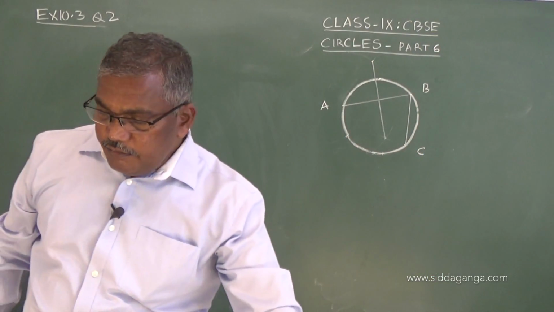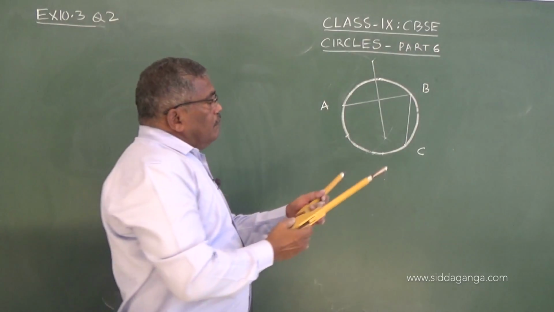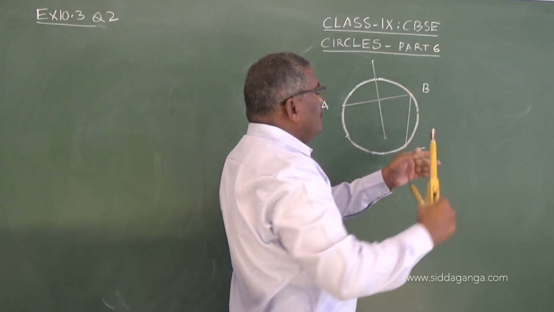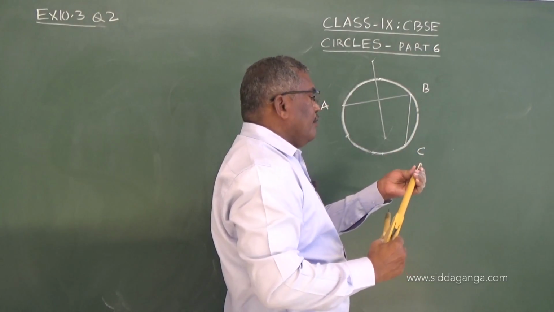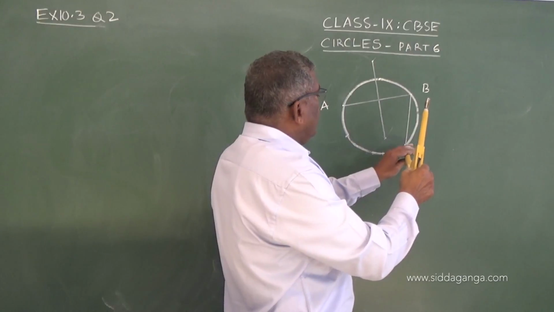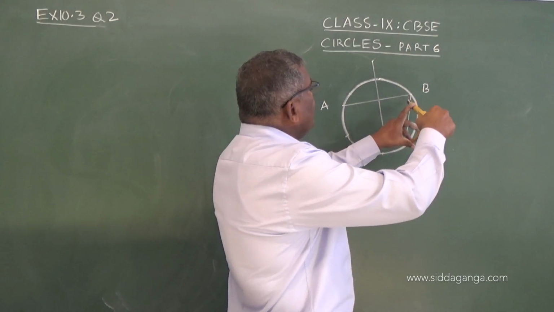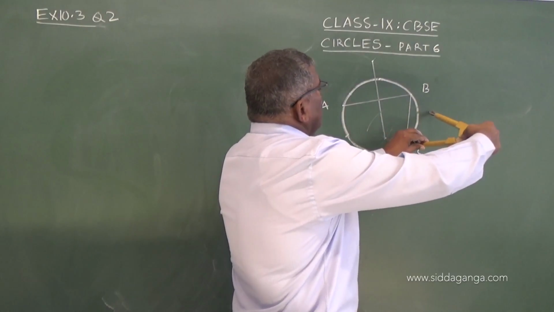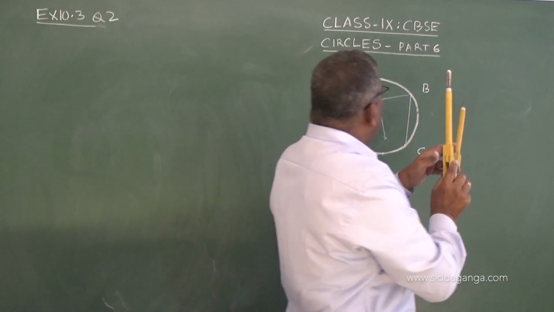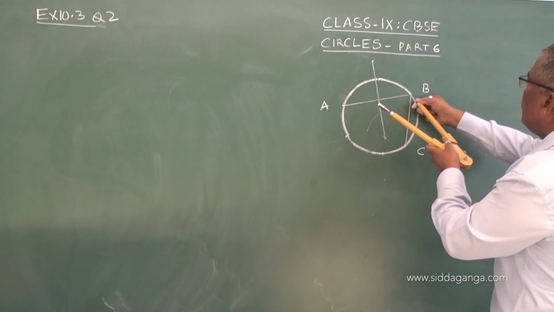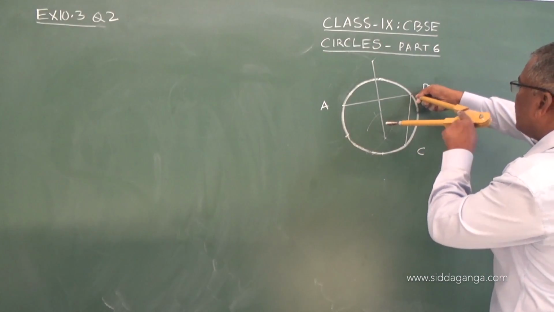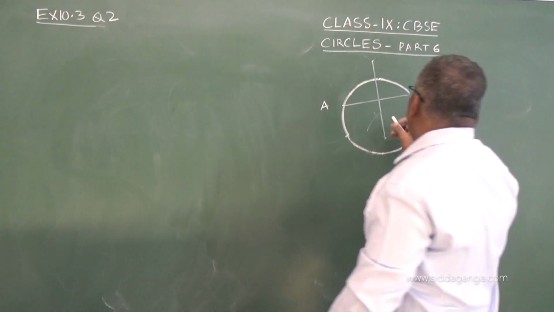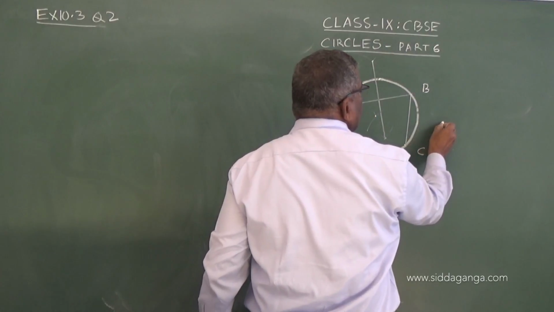Now similarly, you bisect BC also. Take more than half of BC radius, draw an arc on either side, and from B also you cut the arc like this. Now, this is the point.